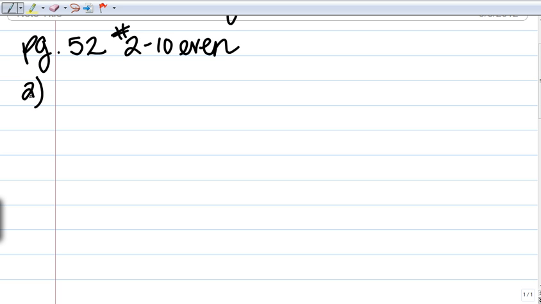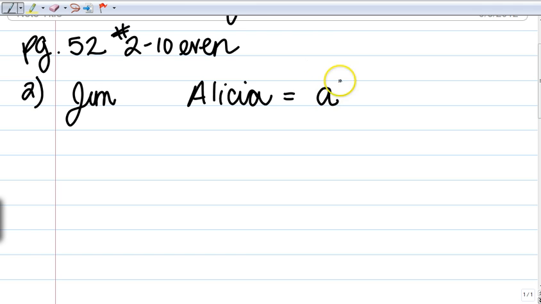It says Jim's weekly pay is 2/3 of Alicia's. Together they earn $600 per week. What is each person's weekly pay? So you have Jim and Alicia. And I'm going to make Alicia's pay equal A. So A is how much money she gets.